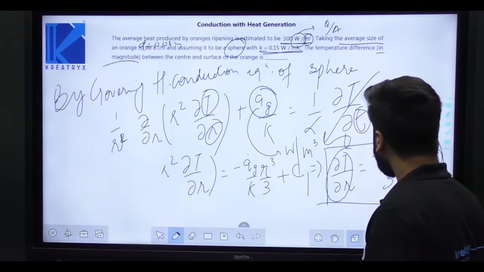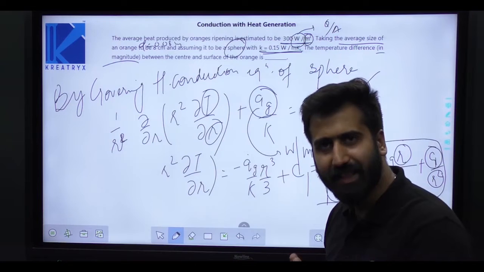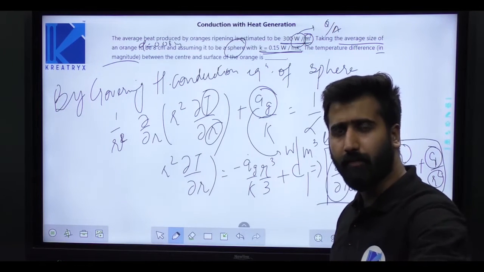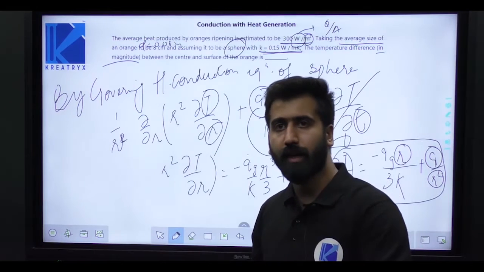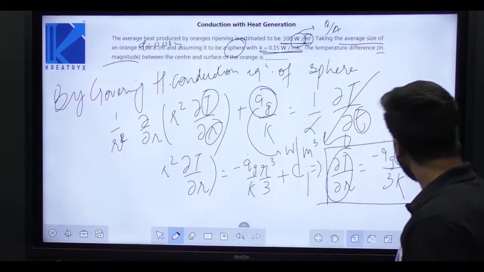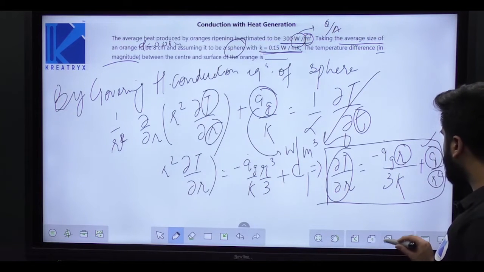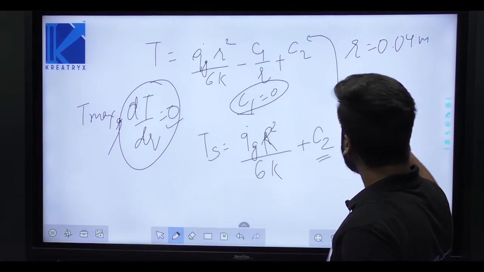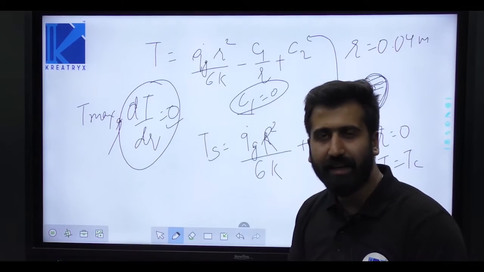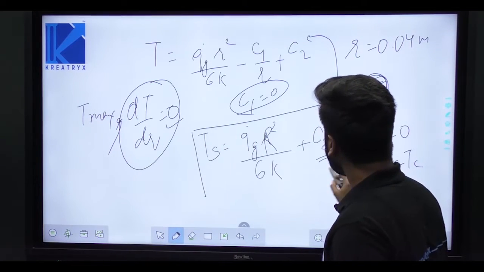One was that at the center the heat is generated from within, so the temperature at the center will be maximum, and that implies the temperature gradient there will be 0. So from here we are getting C1 is equal to 0. Then we move on to the boundary condition that at the radius 0.04, the surface radius, the temperature is Ts. So I actually got this equation.